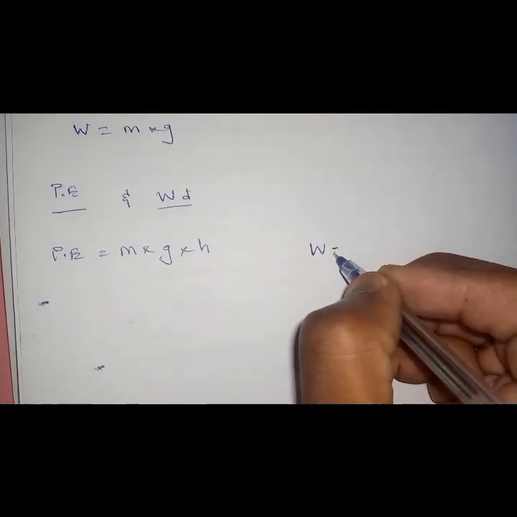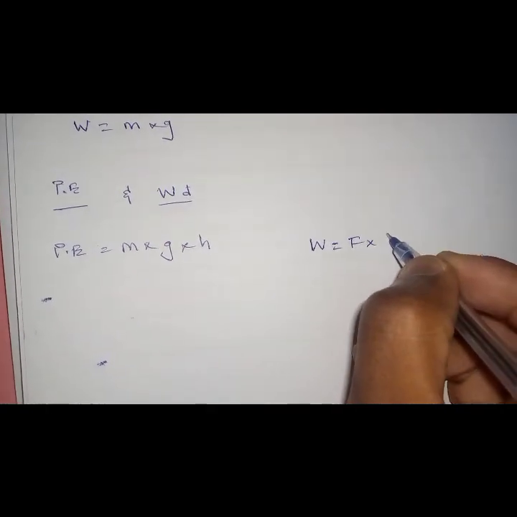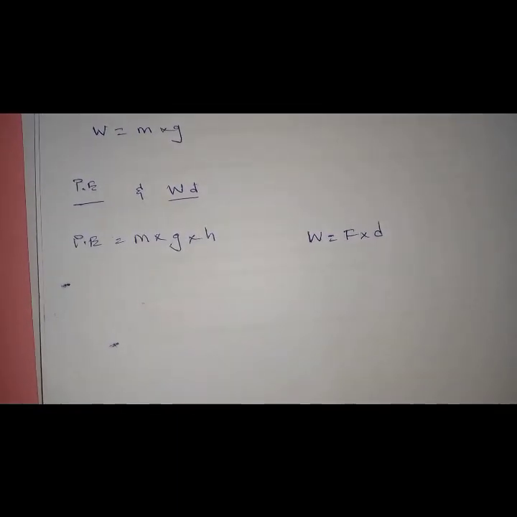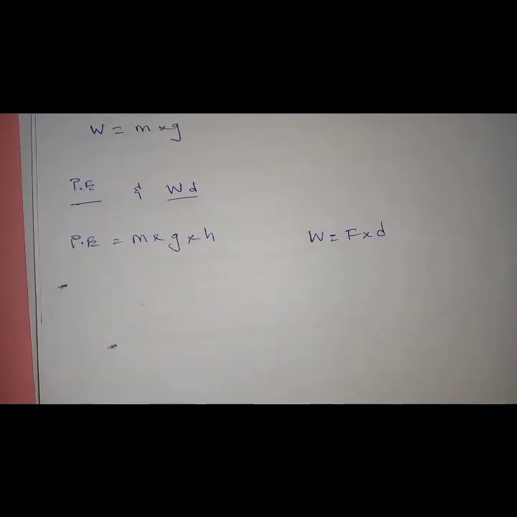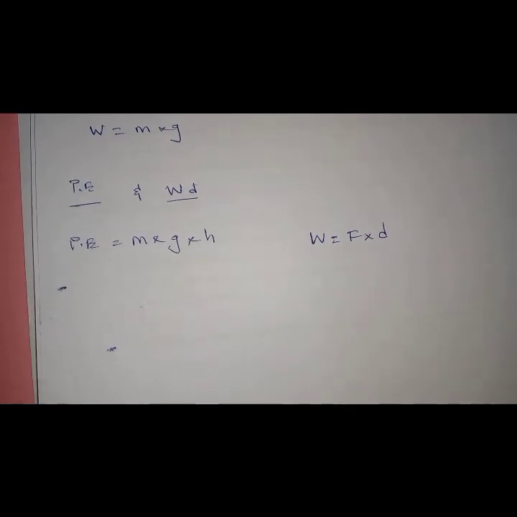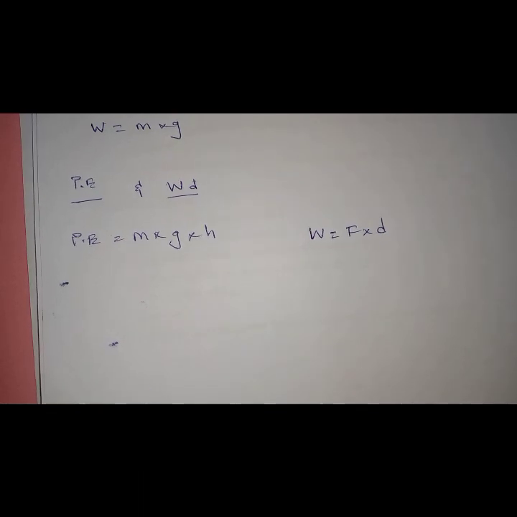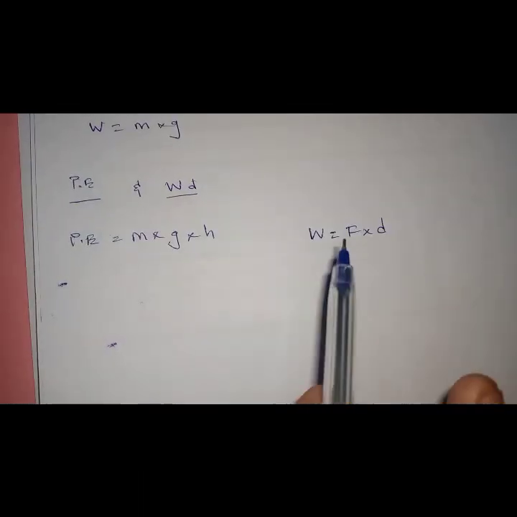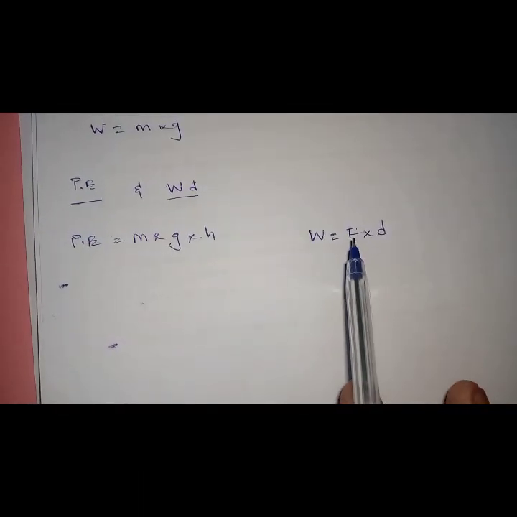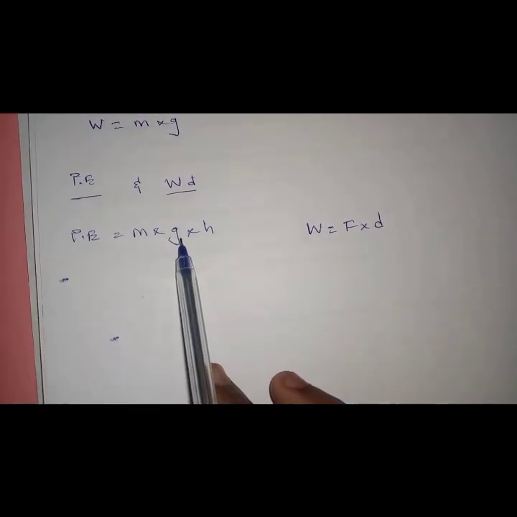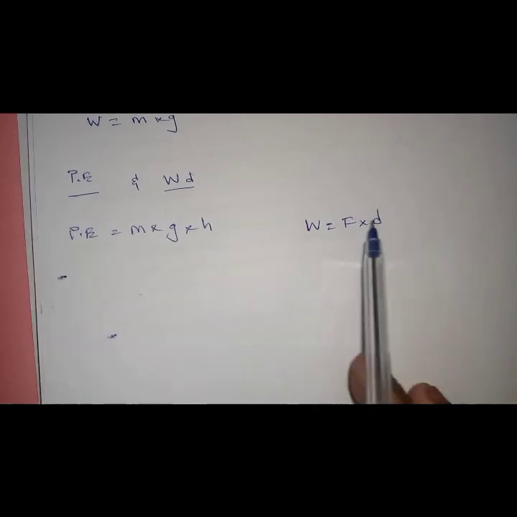We can say it's equal to force times distance. There's a video where we showed that work done is equal to change in kinetic energy. We also touched on the aspect of work being equal to potential energy sometimes. We are not going to delve much into that, but force is equal to mass times acceleration, so this is force already. Then height is equal to distance.